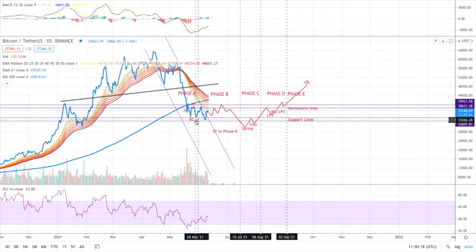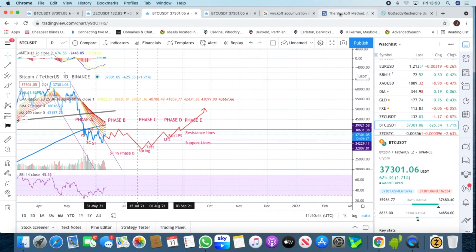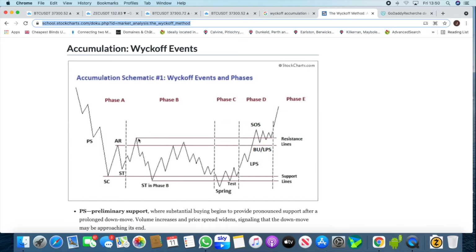We've come down to 30,000-ish a couple of times, but basically between $30,000 and $40,000. So now I think what we recently experienced with ZCash and with Bitcoin over the last few days is simply the secondary test in phase B. If we look at the Wyckoff chart, as he drew the schematic, this is basically what Bitcoin has done.